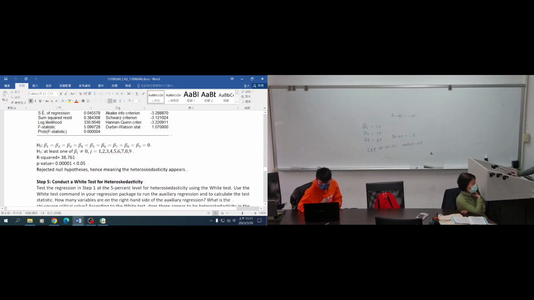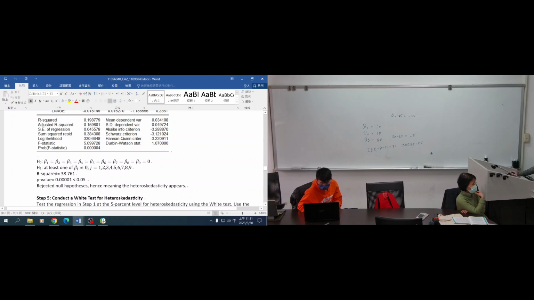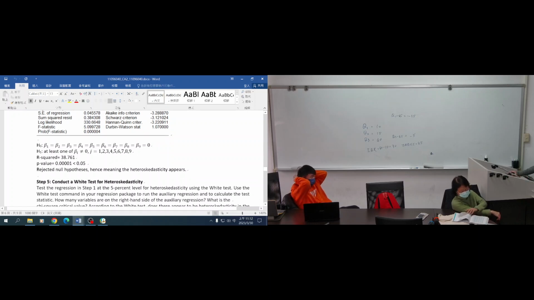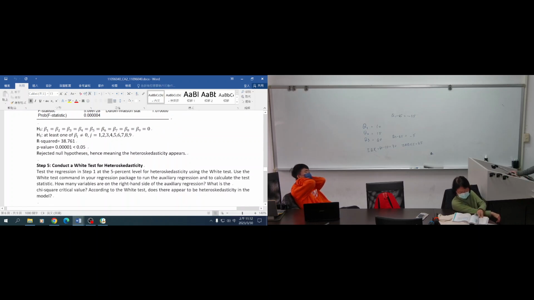The R square is 38.761, and the p-value for the chi-square is 0.0001 probably, which is less than 0.05, so we reject the null hypothesis.